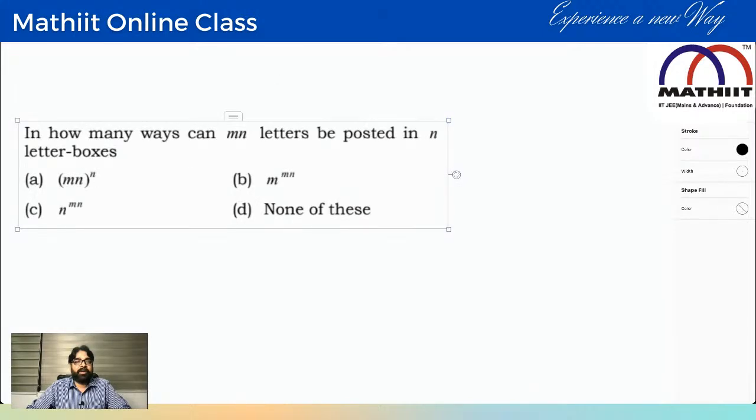Question will come in front of you. A, B, C, D, answer. Are you able to see the question? We started the PNC with this kind of question only. This question also you are thinking.